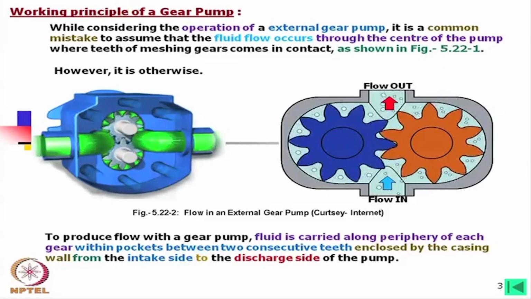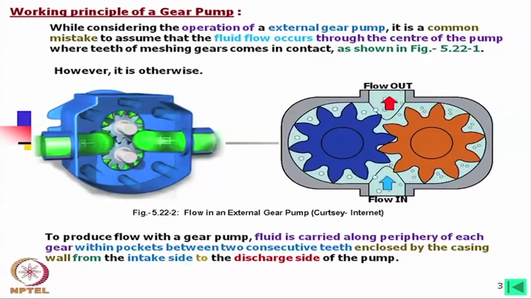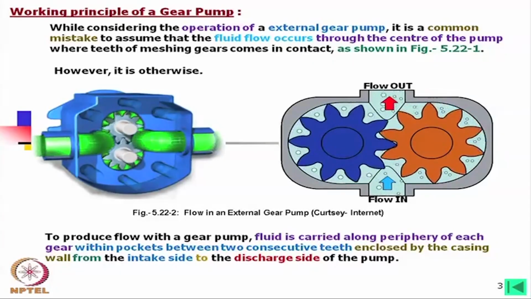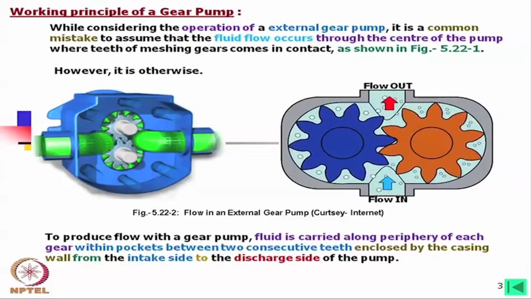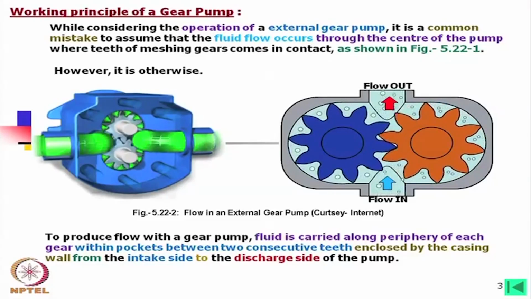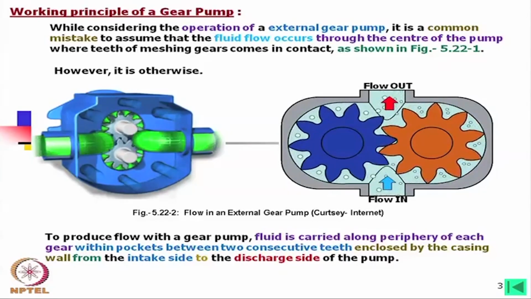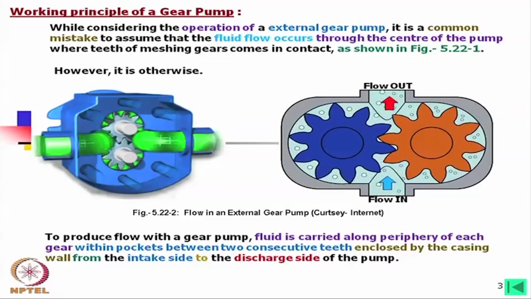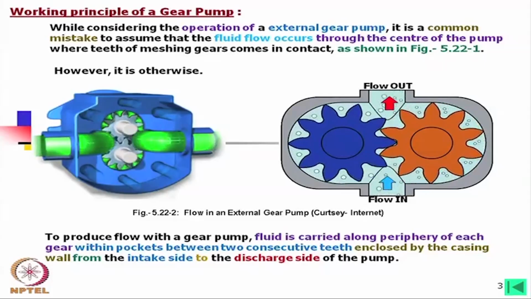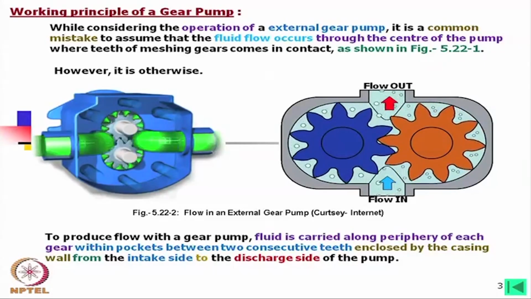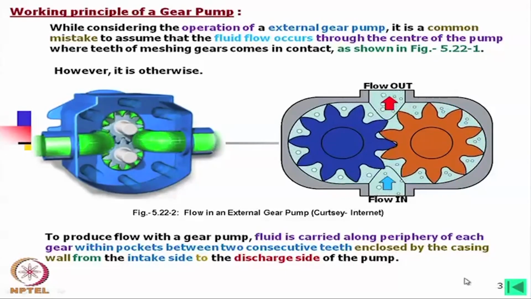So, within one revolution, if there are say 10 teeth, there are 20 chambers, but there will actually be 10 ripples, because two pockets are giving the flow together, and you will find that the ripple is not the same as in the case of the piston cylinder. There is a difference. We will show that curve later in this lecture.